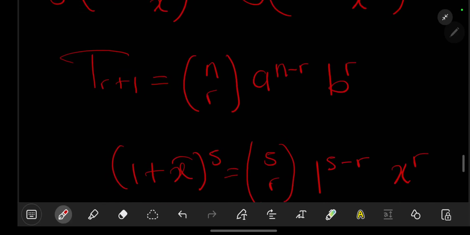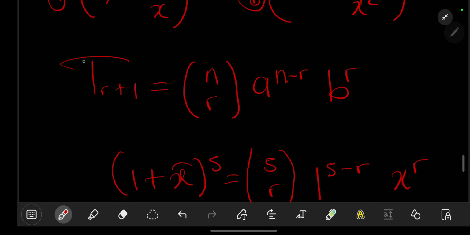This is why we say the term you are looking for is r plus 1. That means if it is the first term, your r is 0. When r is 0, plus 1, that will be term number 1. So term number 1 will have an r of 0, and term number 2 will have an r of 1. So it will be 1 plus 1, which will be term number 2, like that. So that's the formula for that one.